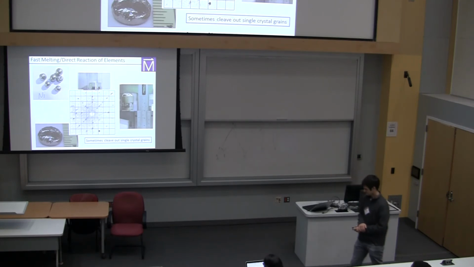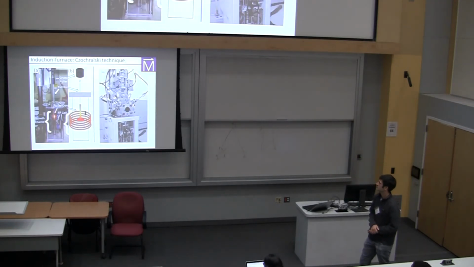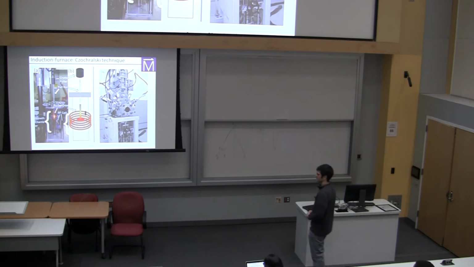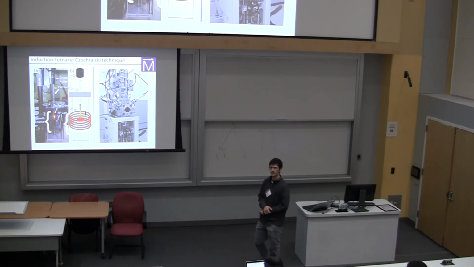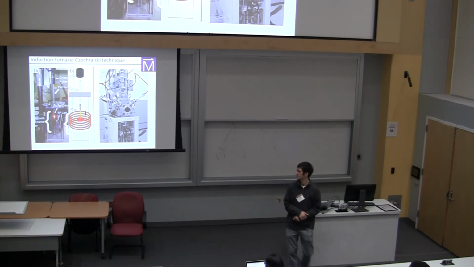Okay, so moving along. Another way to get single crystals, and this is probably the more well-established way of going about doing it, is using a Czochralski technique. So how many people know what Czochralski crystal growth is? Okay, so few enough that I should describe it.